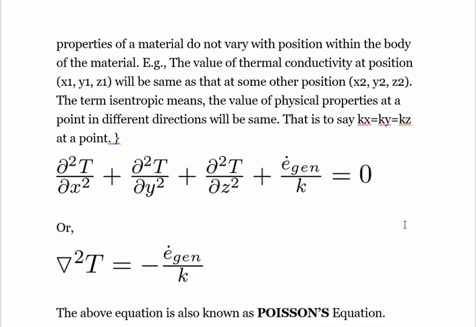That shows that the double differentiation of the temperature is equal to the negative of the heat generated divided by the thermal conductivity. This equation is also known as the Poisson equation.